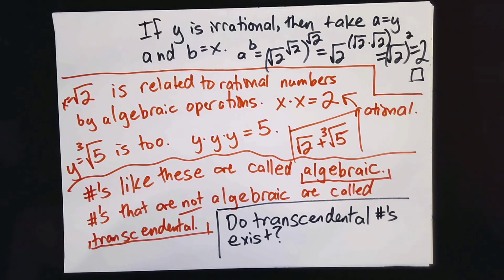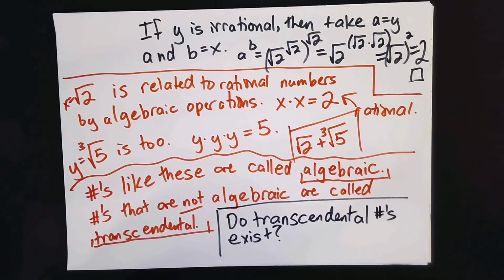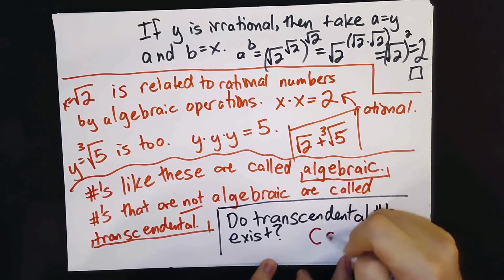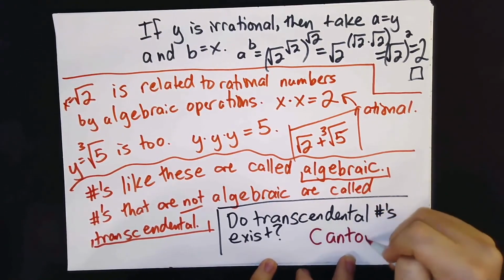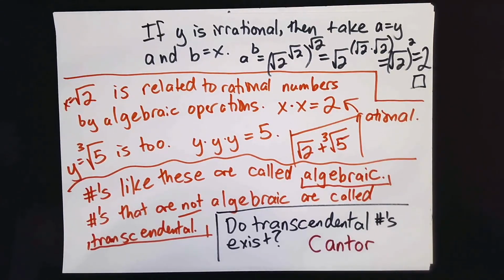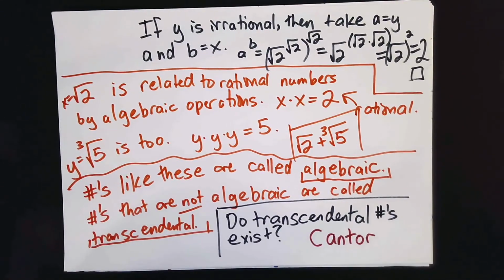Now, the natural end to this story would be to say, okay, and then so-and-so proved that pi is transcendental, and thus they settled the question that transcendental numbers exist. That's not what happened. In fact, this question was settled by a Jewish mathematician by the name of Georg Cantor.